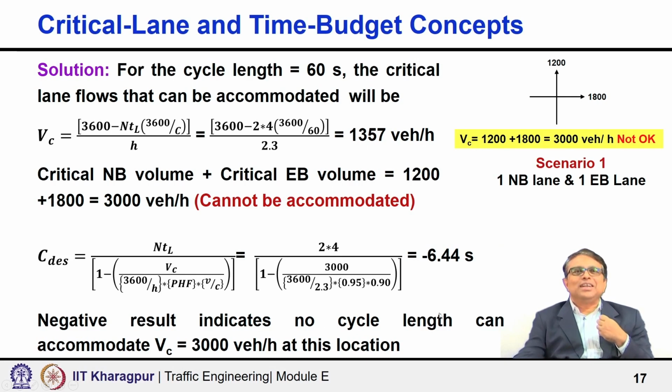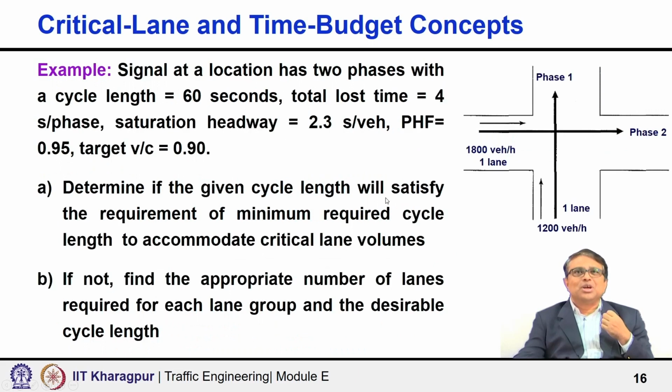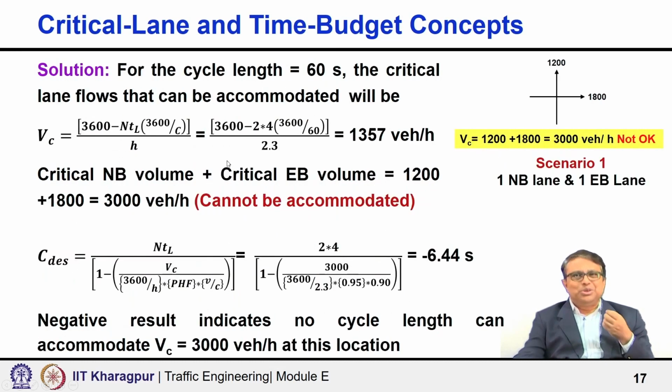That you cannot get a cycle length which can accommodate this critical volume of 3000 vehicles per hour at this location with this many lanes and with all other parameters: saturation headway 2.3 seconds, total loss time 4 seconds per phase, peak hour factor 0.95, target V by C as 0.9. With all these, you cannot get a cycle length which will be able to accommodate this critical volume.